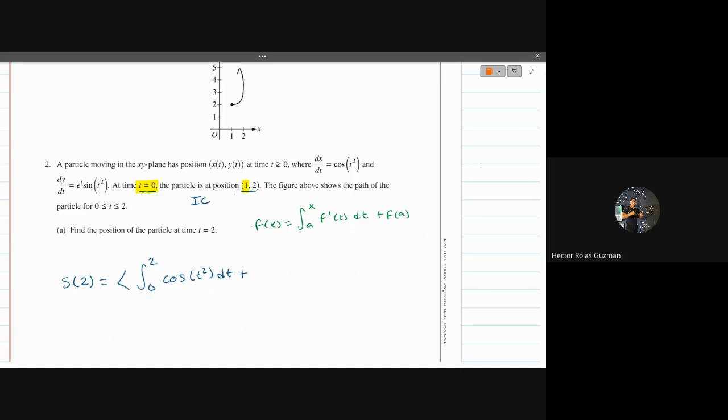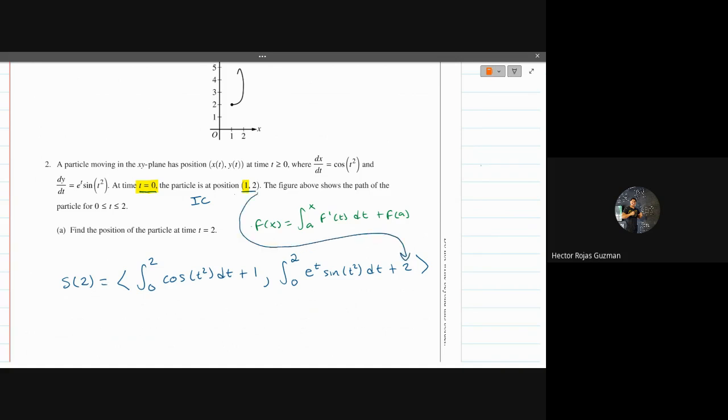That's where the initial condition comes in. That's where we plug in the 1, comma. Now for the y component, we're going to also do the integral from 0 to 2 of y prime dt plus f of a. Now for this one, the initial condition is 2. That's the position of the y component.